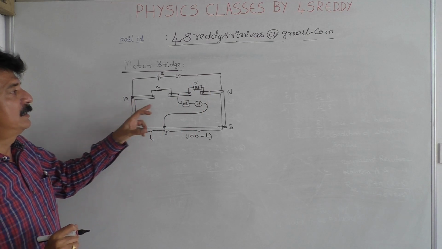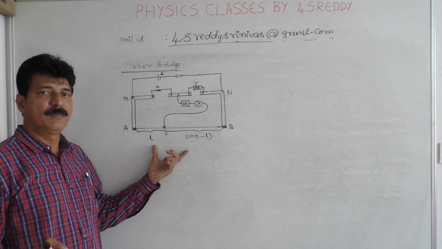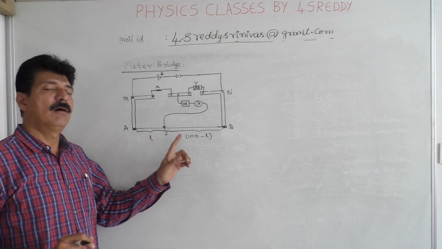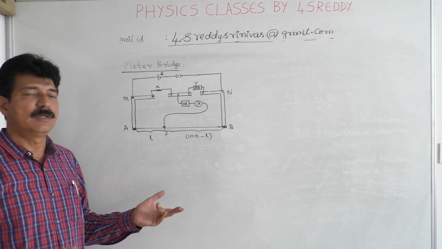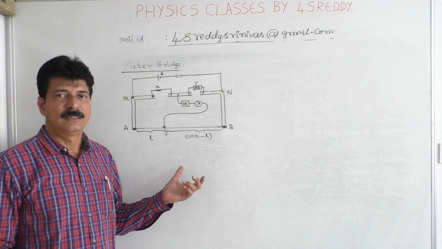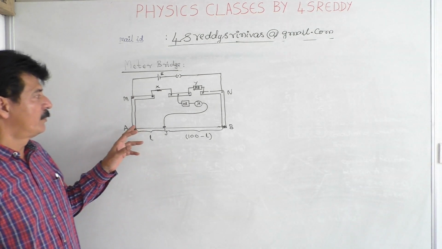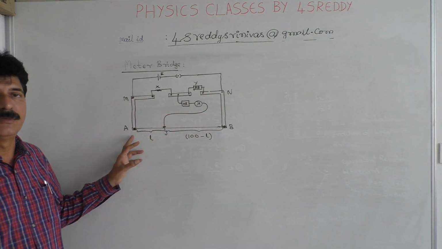The first thing is, this mainly consists of a manganese wire of length 1 meter. It is mounted on a graduated wooden board. Graduated means you have to provide a meter scale to measure the balancing length. Two L-shaped metal strips are mounted on the graduated wooden board.